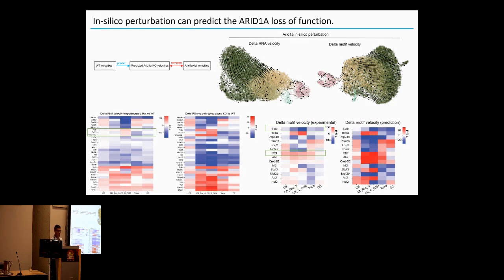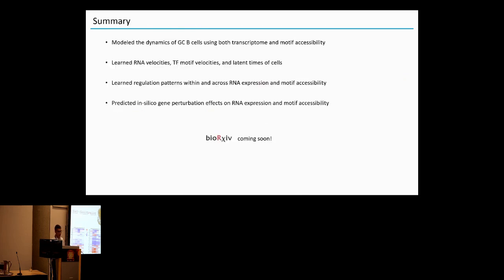And right now we're working to apply this to the mutant samples to find the perturbation target to restore the effect of ARID1A loss or CTCF loss. So as a summary, we developed DynaVelo and modeled the dynamics of germinal center B cells using both RNA expression and motif accessibility.